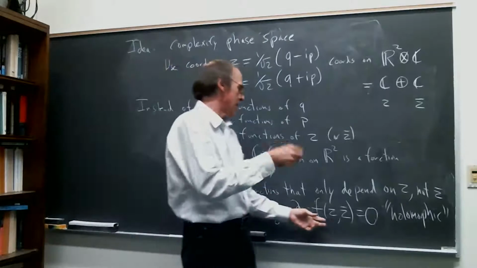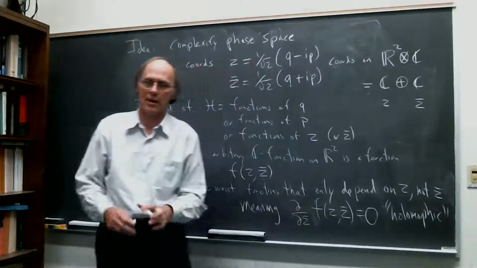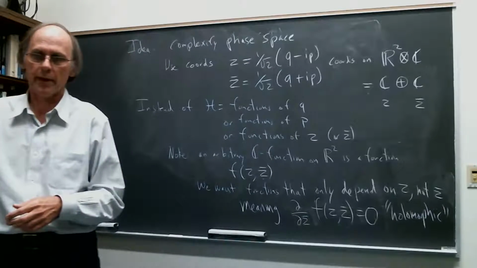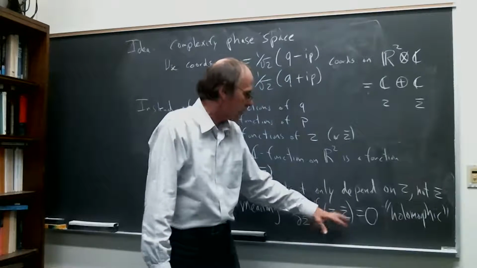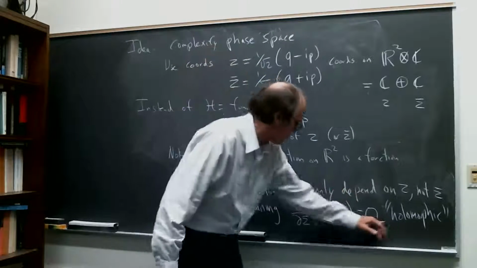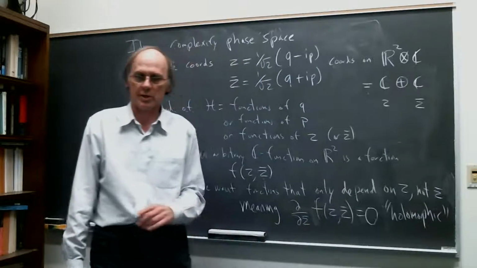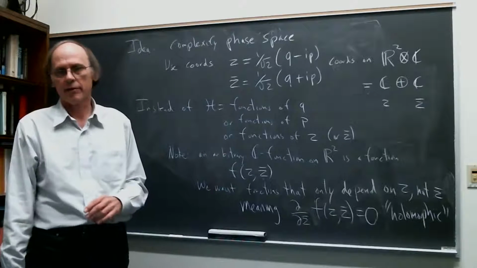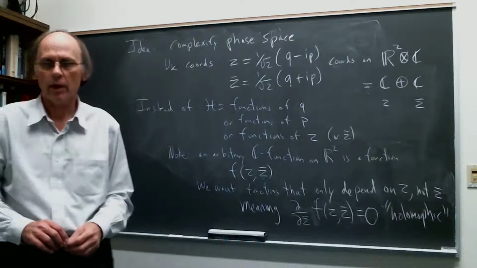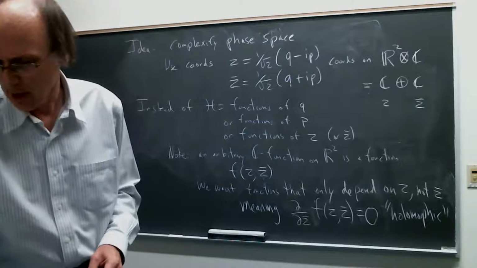This lands you in a different area of mathematics, where you're looking at complex function theory, and that makes some things trickier. These things also have all sorts of magical properties, which give you interesting things in the formalism. Okay, so that's that.